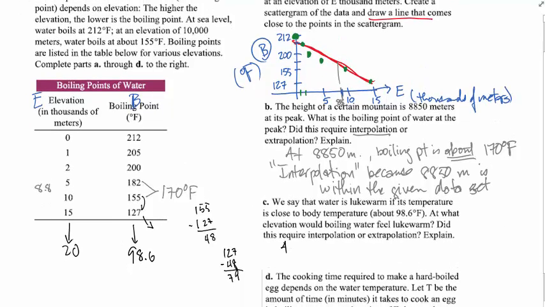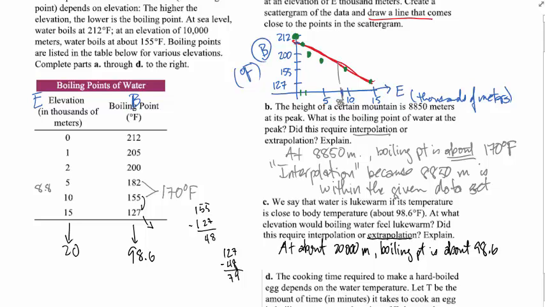So we can say at about 20,000 meters, the boiling point is about 98.6.